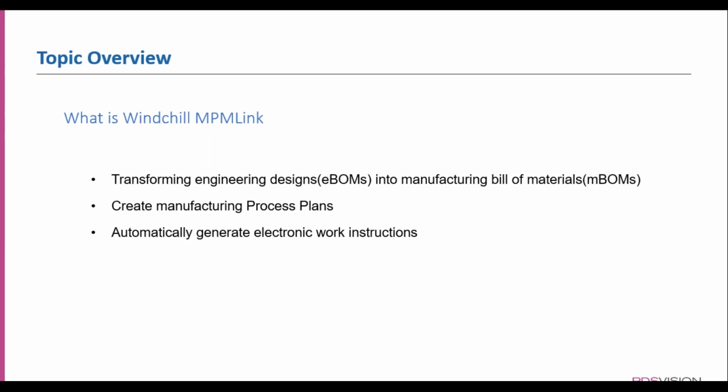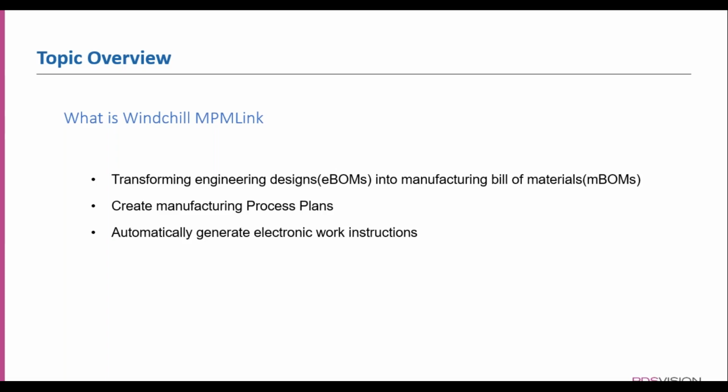The other feature that MPMLink gives, apart from transforming this eBOM to mBOM, is that it also helps us to generate a process plan. So we can have a planned step which will include all the information necessary to manufacture that particular mBOM that we will be generating. This is called a process plan in terms of Windchill MPMLink.